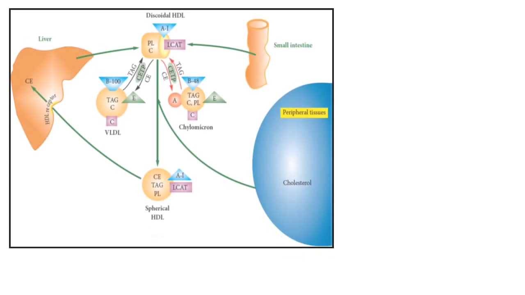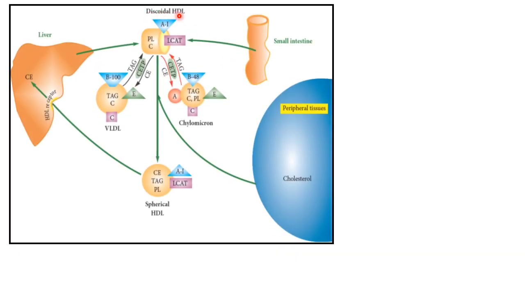Now we will see the metabolism of HDL and how reverse cholesterol transport is done by HDL. Nascent HDL is discoidal in shape, and as we have discussed, this HDL acts as a repository of transferable apoproteins.